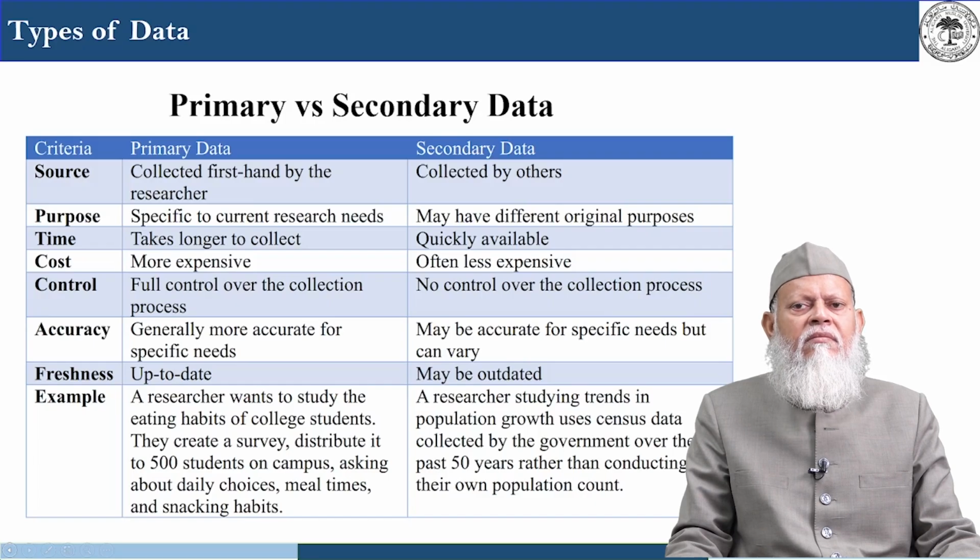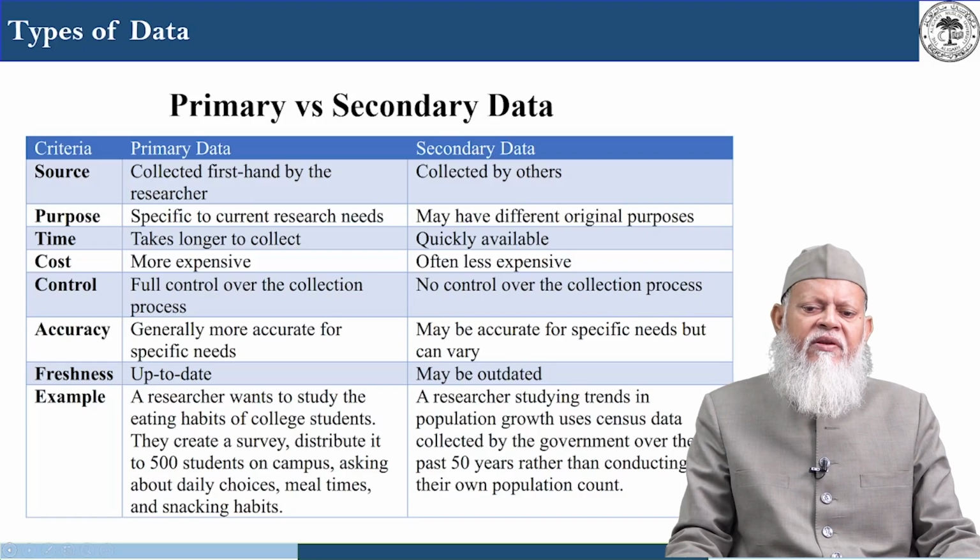Or suppose we want to study the satisfaction level of students from teaching at a college or at a university, then also we have to collect the primary data. Whereas in secondary data, a researcher studying trends in population growth uses census data collected by the government over the past 50 years rather than conducting their own population count.